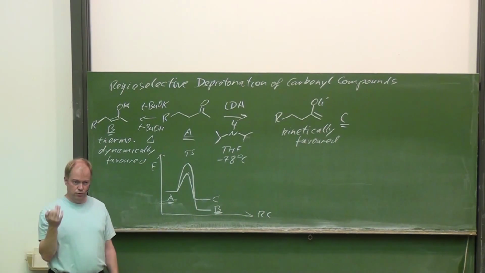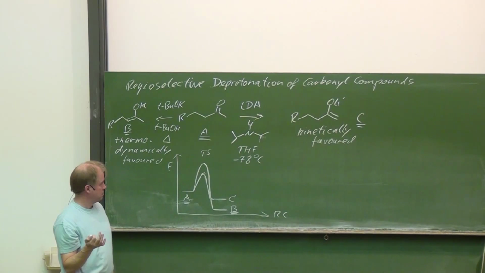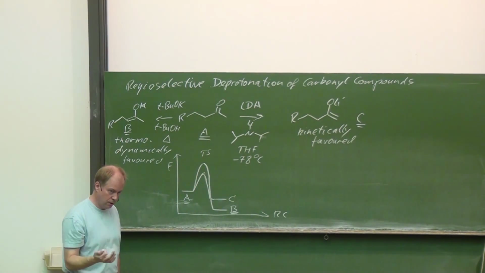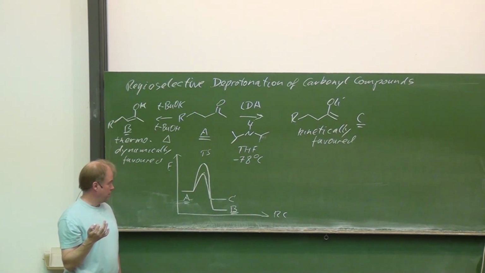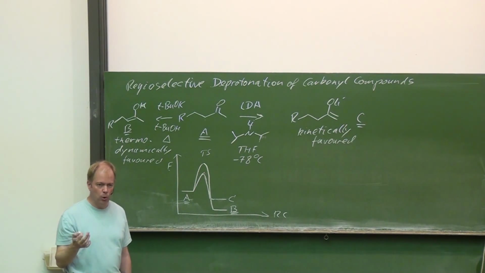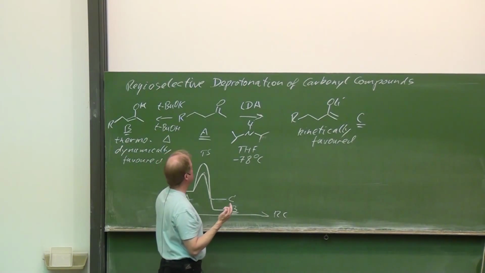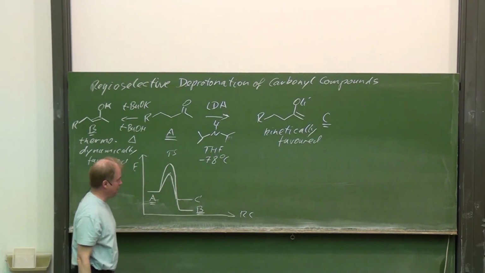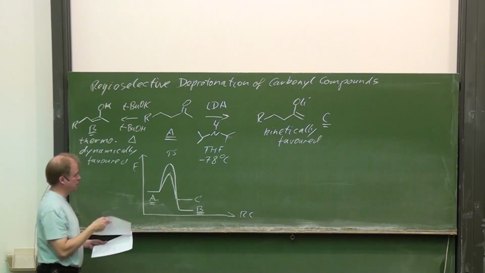So by using a really sterically hindered base like LDA, going to low temperatures and using rather short reaction times, we can ensure that we have at the end preferentially the kinetically favored product.